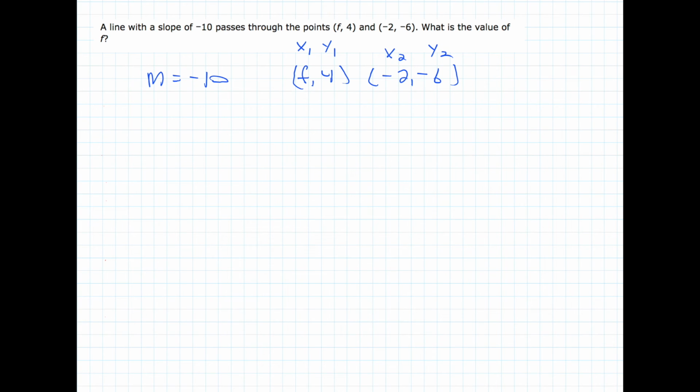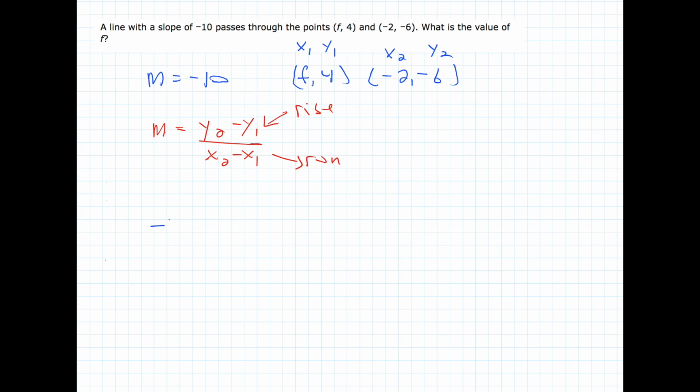All right, so write down the slope formula, which is m equals y2 minus y1 over x2 minus x1, and this is our rise, and this is our run. All right, so m, we have that. It's right here. It's negative 10.